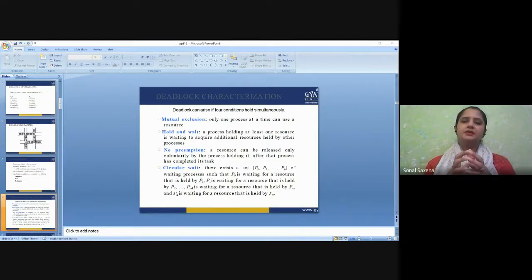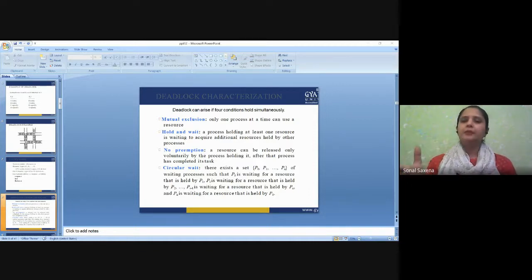Let's say it requires four resources to complete execution. Now let us assume it has already acquired two resources. It is currently holding those two resources, and it is requesting access to the other two resources. This is hold and wait. You are holding some resources and you are waiting for some other resources.